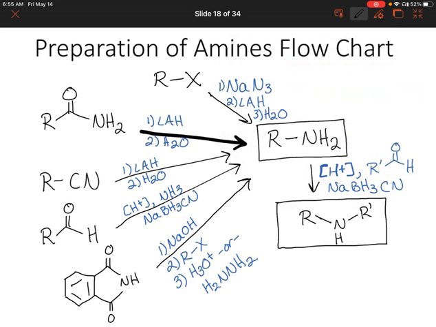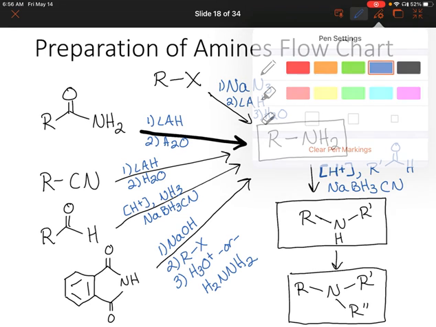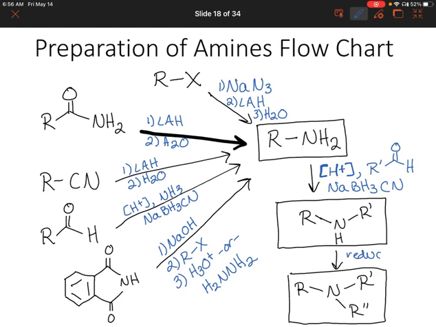Now, what if once we make our secondary amine, we want to then convert that into a tertiary amine? Well, we could use reductive amination again. So I'll just write reductive amination since I'm running out of room. So this is really cool, right?